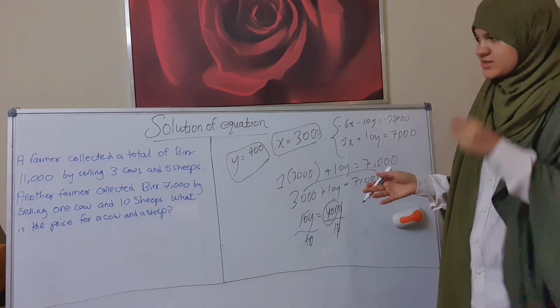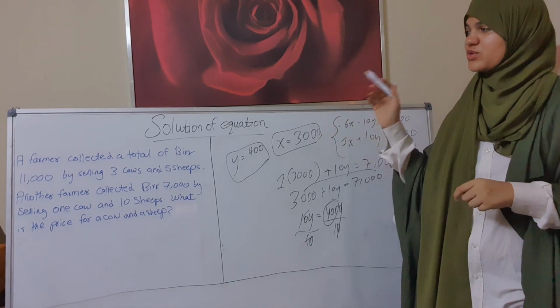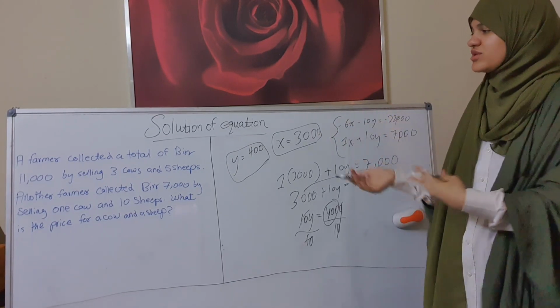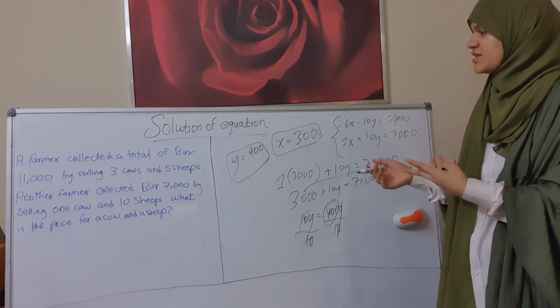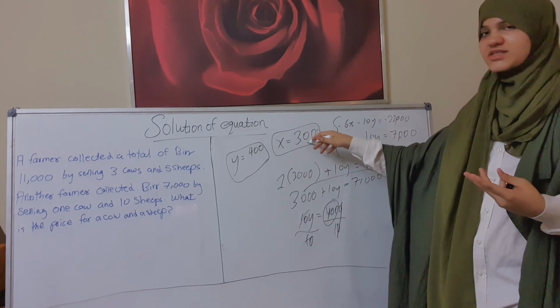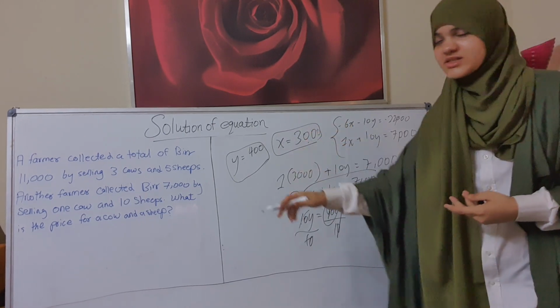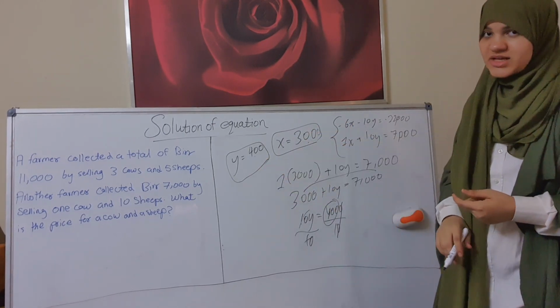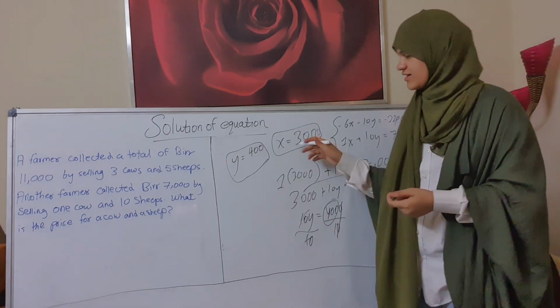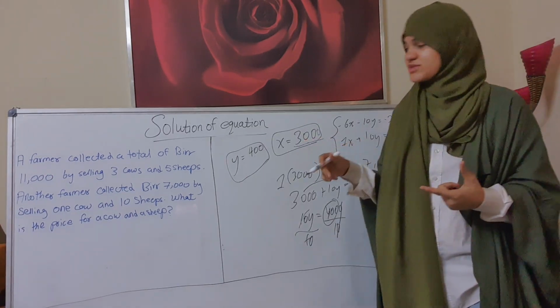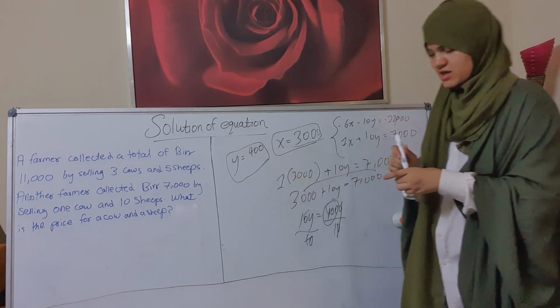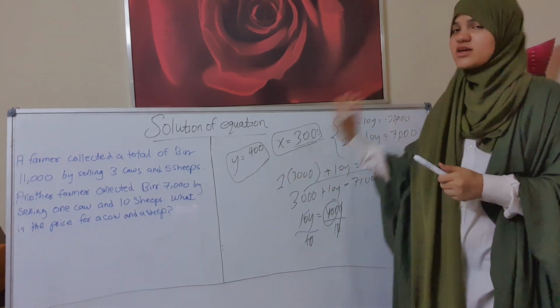And this was the answer for this word problem, which includes equations. So the value of x is 3000 and the value of y is 400. That means the number of cows is 3000 and the number of sheep is 400.